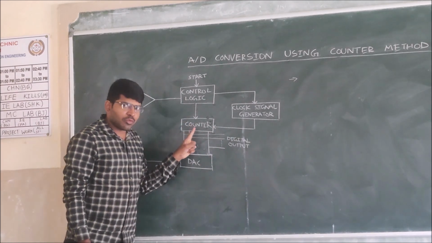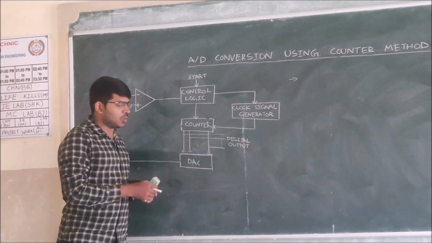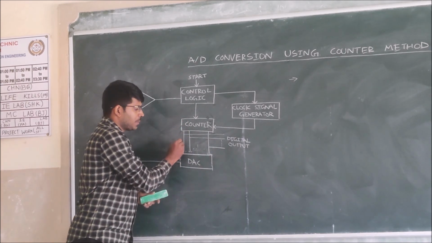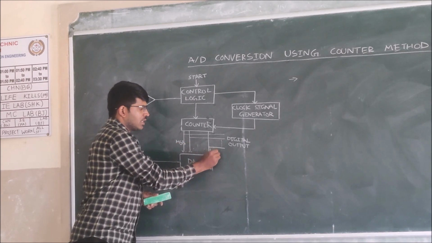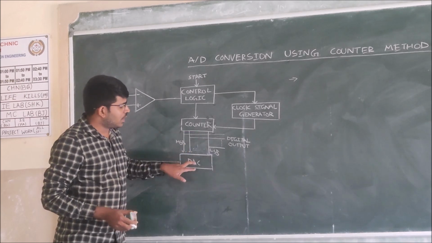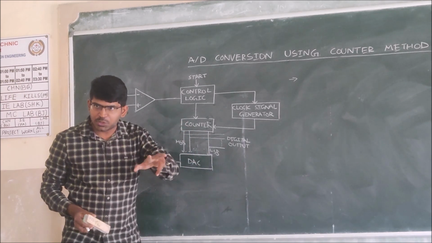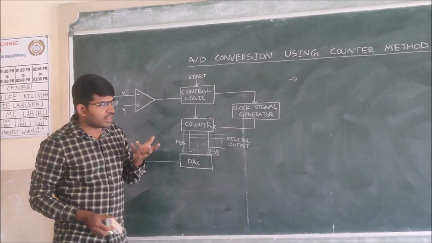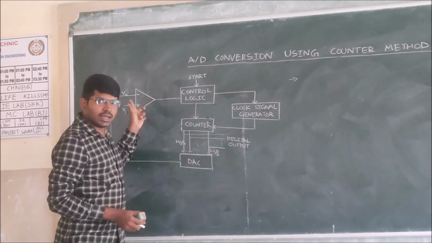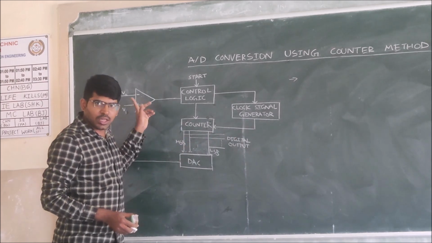Now this counter value is the binary equivalent value, this is MSB and this is LSB. This binary value is generated here. Directly we can display it, but we do not know whether that digital value is equivalent to the analog or not.